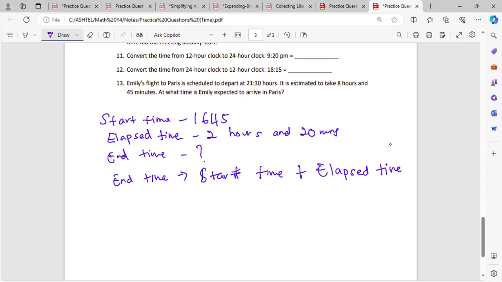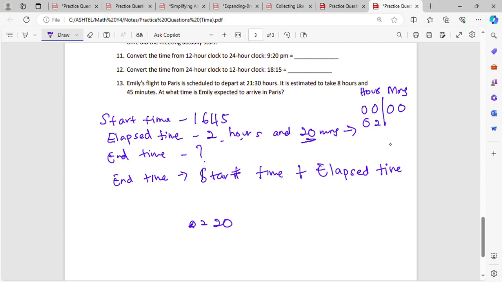Just 2 hours 20 minutes. If you write it, remember we always have 4 digits for the hours and then the minutes. The minutes is 20 minutes, so you just write 20. And 2 hours will become 02, or you can just put 2, easier.